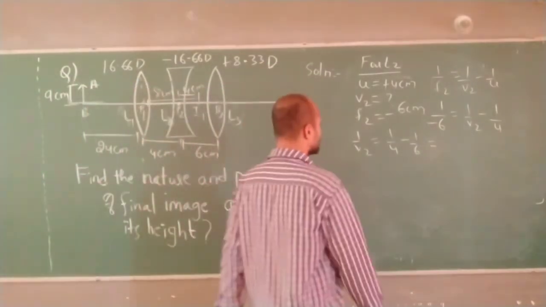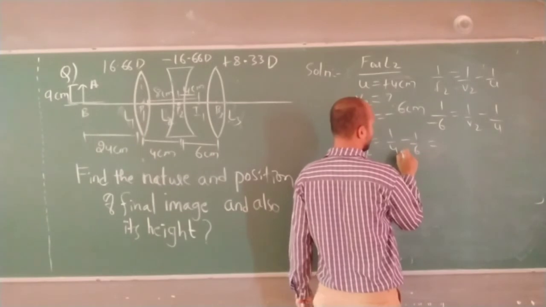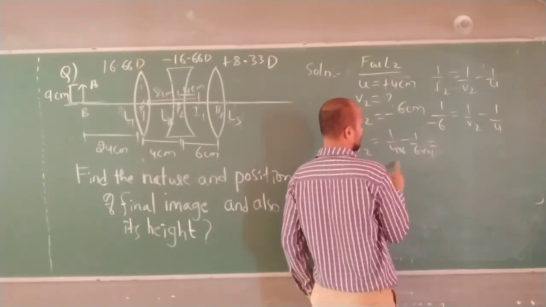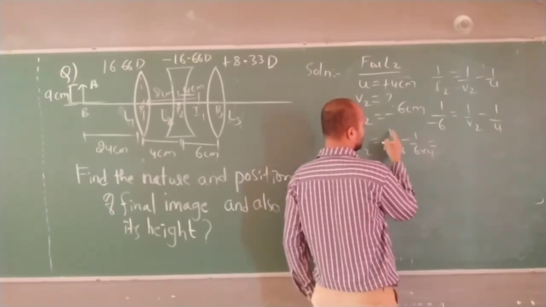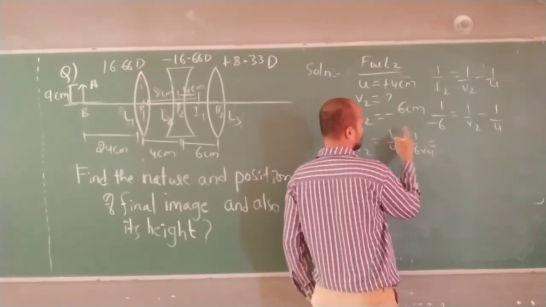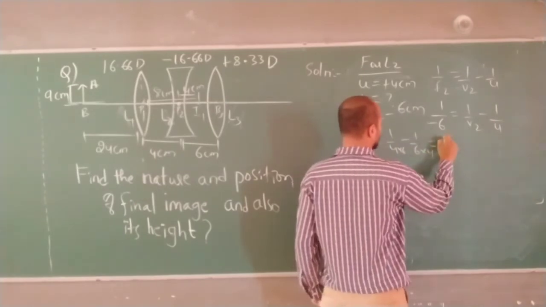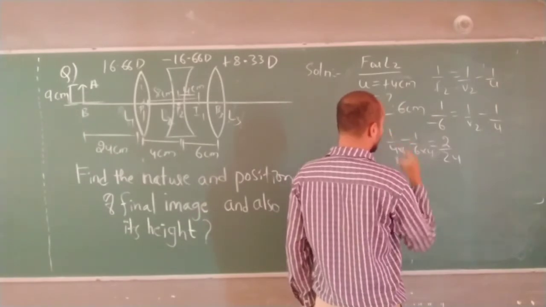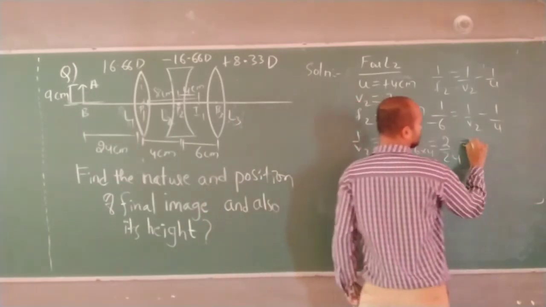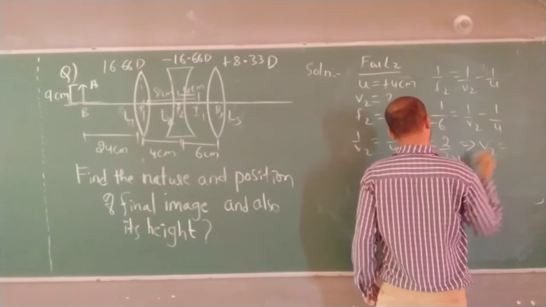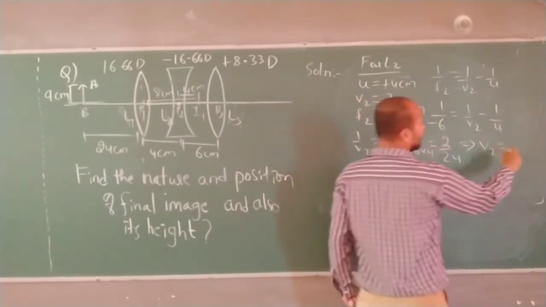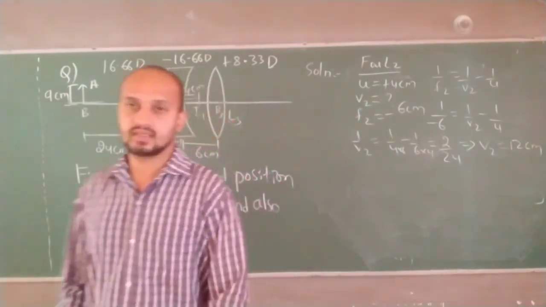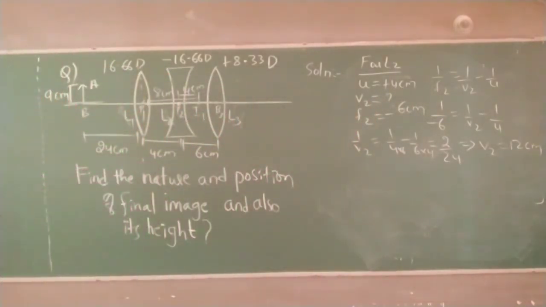The LCM is 24, 6 minus 4 is 2, so 2 divided by 24. So V2 will be equal to 12 centimeters, plus 12 centimeter.